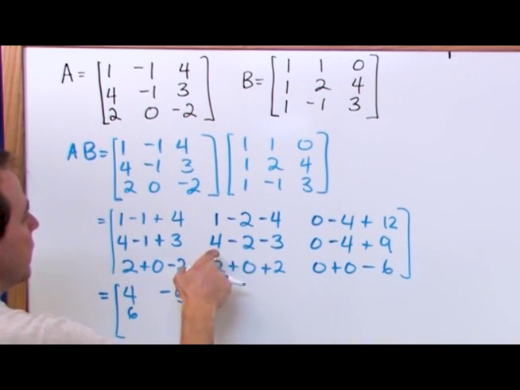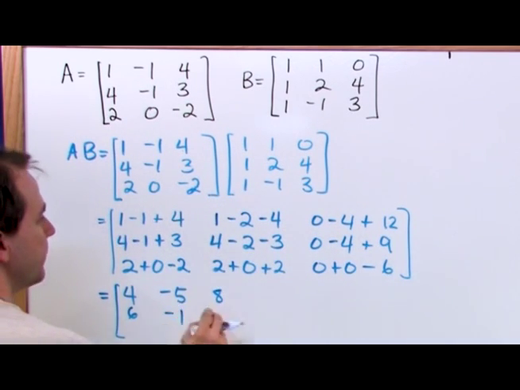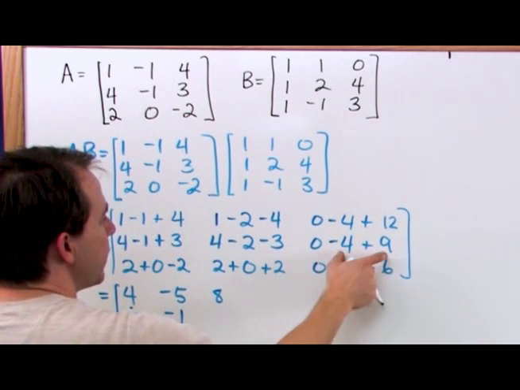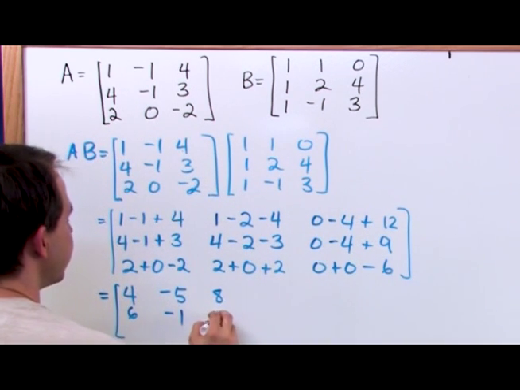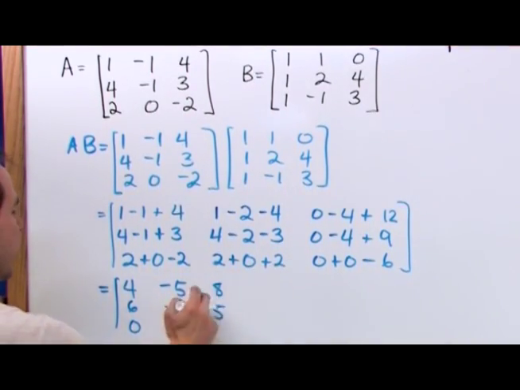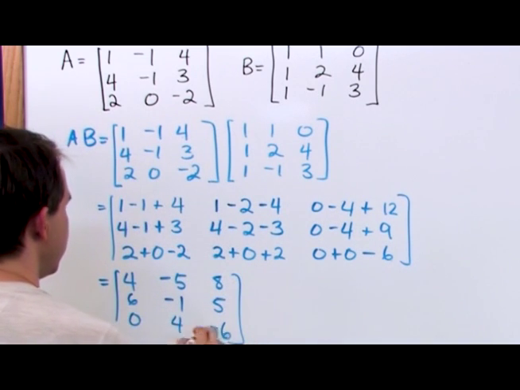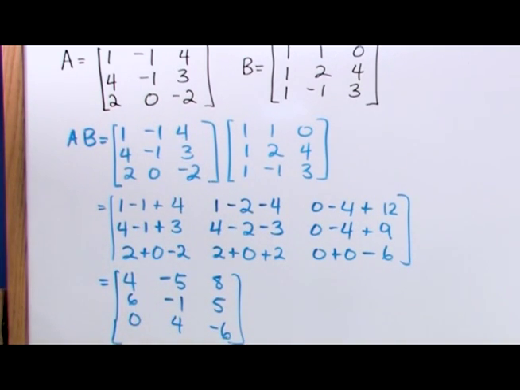Over here, 4 minus 2 is 2, minus 3 is negative 1. Over here, 0 doesn't matter, so negative 4 plus 9 is 5. Over here, 0 doesn't matter, 2 minus 2 again gives me 0. Over here, 2 plus 2 is 4. Over here, I'm just going to have the negative 6. And I should be done here. 4, negative 5, 8, 6, negative 1, 5, 0, 4, negative 6.